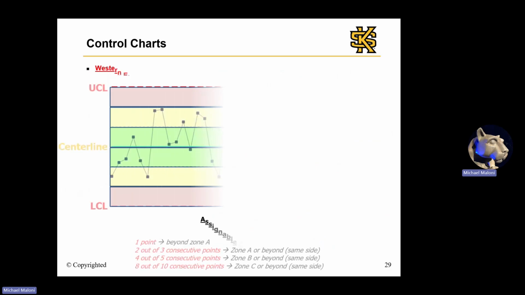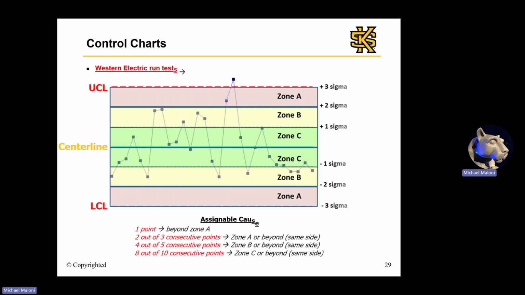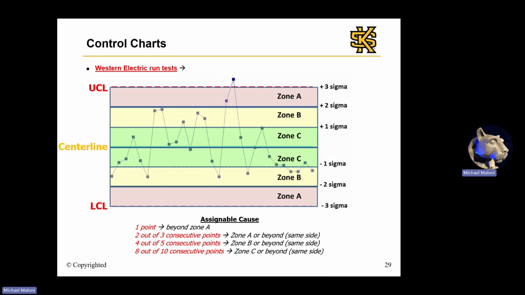Those concerns may seem to be subject to some interpretation, but there are more formalized tests, including the Western Electric run tests. But we'll stick to our ballpark rules for this class, though. And besides, managerial experience, insight, and discretion are always an important part of running an organization.